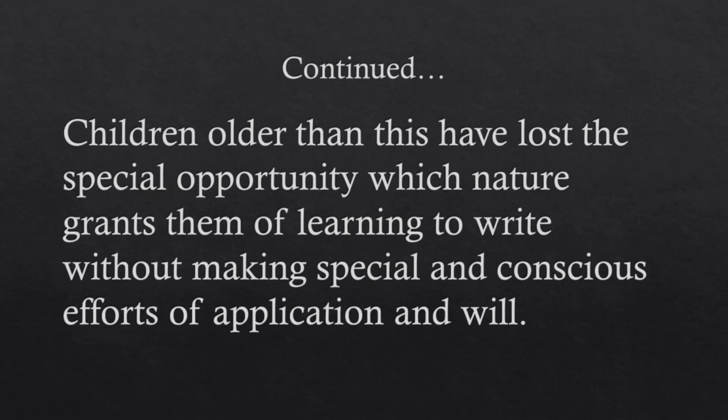She continues on to say children older than this have lost the special opportunity which nature grants them of learning to write without making special and conscious efforts of application and will. Now, I don't know if you agree with that, but if you study Montessori and that primary environment where children just absorb language so easily, you might be able to see what she's saying here.